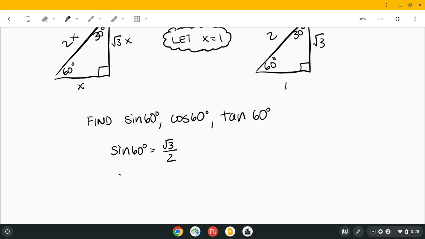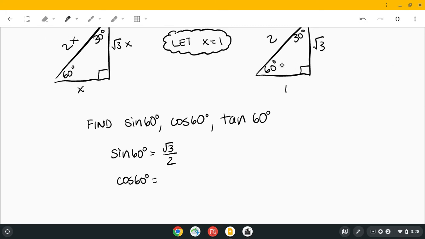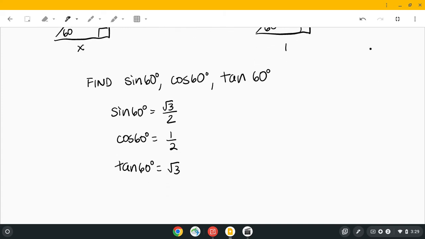Cosine 60 is adjacent over hypotenuse, so that's 1 over 2. And tangent 60 degrees is opposite, square root 3, over adjacent, which is 1. So that's just square root 3.